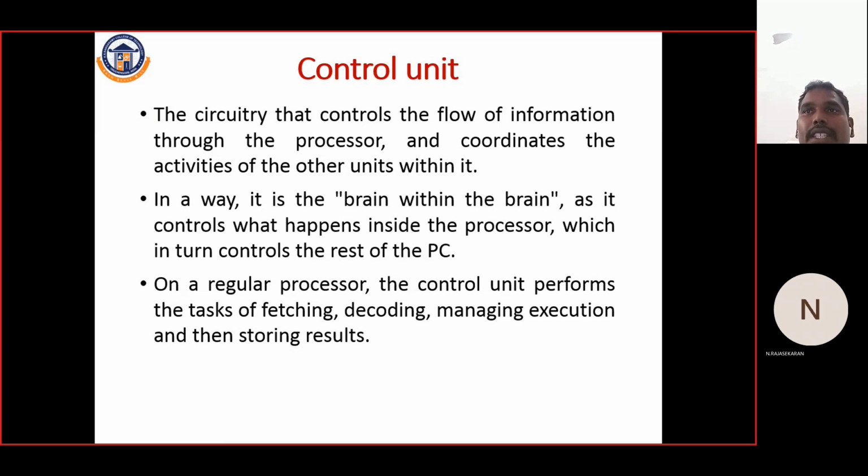In a way, it is the brain, as it controls what happens inside the processor, which in turn controls the rest of the PC. In a regular processor, the control unit performs the tasks of fetching, decoding, managing execution, and storing results. This is the normal control unit work.